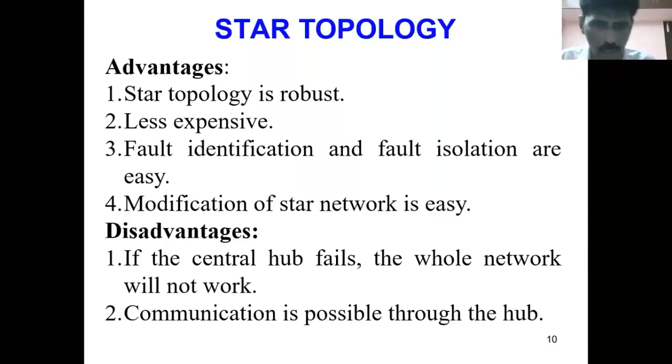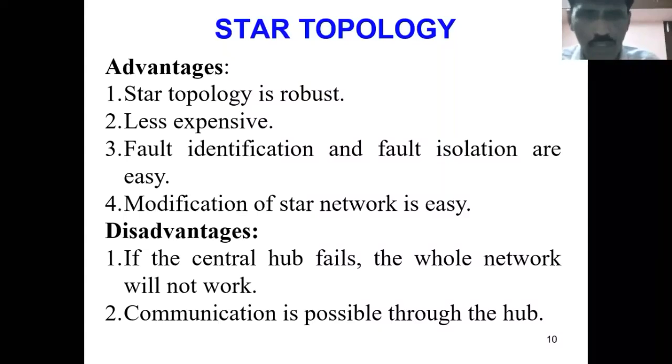If the central hub fails, the entire network will not work. So that is the major disadvantage. Another one is that all communication is possible only through the hub, because all the devices are connected through the central device, that is the hub. Okay, so this is something about star topology.